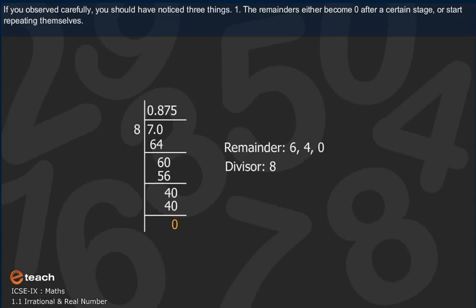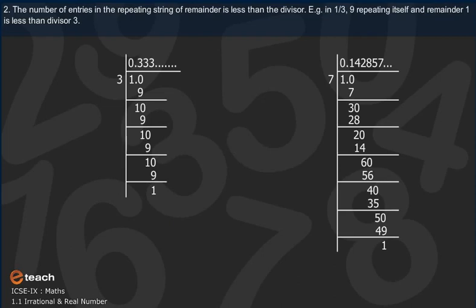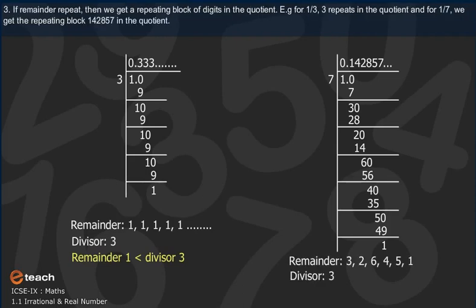1. The remainders either become 0 after a certain stage or start repeating themselves. 2. The number of entries in the repeating string of remainders is less than the divisor. For example, in 1/3, 1 repeats itself as remainder and 1 is less than divisor 3. 3.